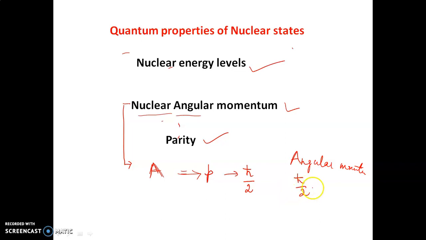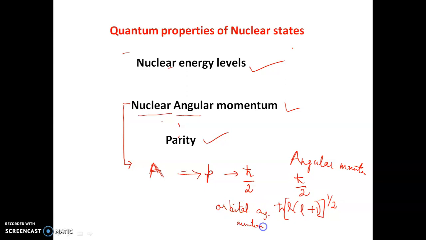In fact, by using quantum mechanics we know that it is h cross times L into L plus 1, the whole to the power half. This we know from the atomic context, that this is the orbital angular momentum.